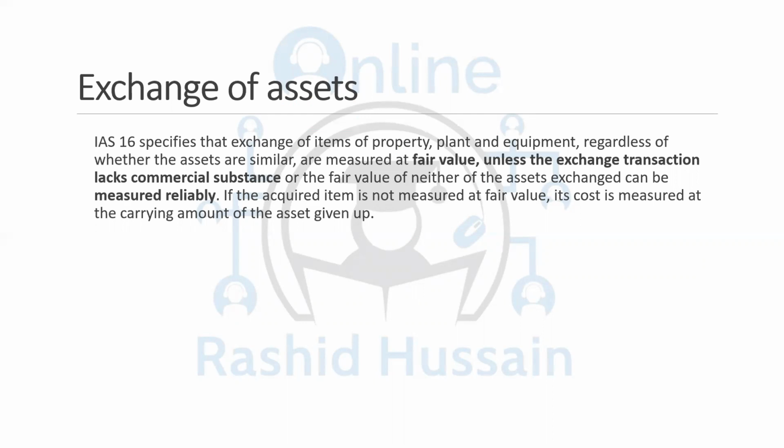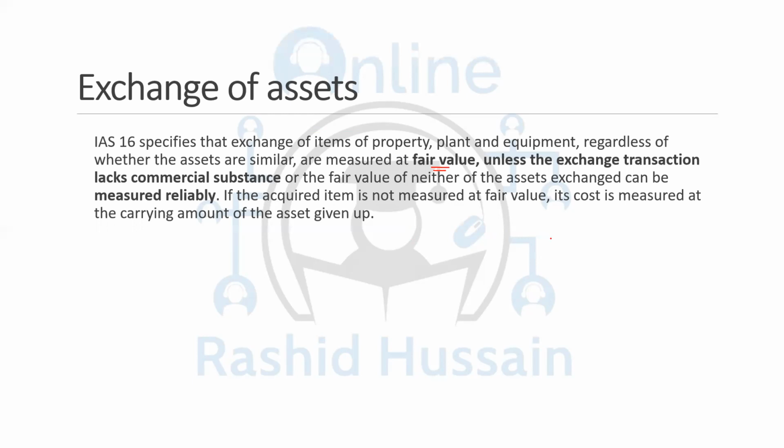Now, the simplest way is whatever you are getting in exchange, you should measure the fair value of that asset. See the fair value of that asset, and whatever the fair value is, you are going to record the asset you are getting in exchange at its fair value. Unless the fair value cannot be determined reliably.